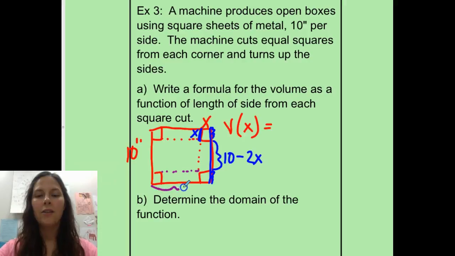We've got 10 for the entire side length, but we're taking away two x's to leave us with the other side of the base. So the volume would be (10 minus 2x) squared for the square base times x for the height of that box once we flip those sides up.